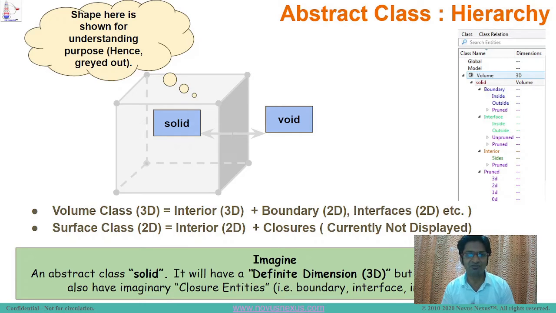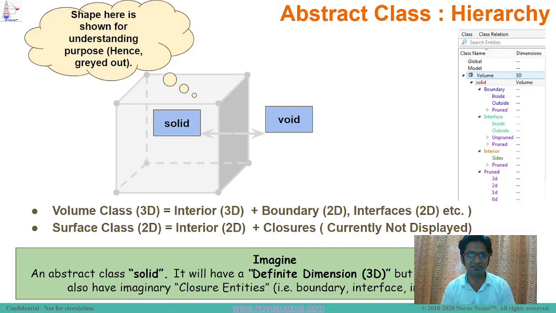So in the traditional workflow, analysts use CAE geometry to set up the simulation physics, whereas in the CAENexus workflow we are going to use abstract classes which have specific dimensions like 3D, 2D, 1D or 0D, but not a definite shape. We are going to use these classes to set up the physics.